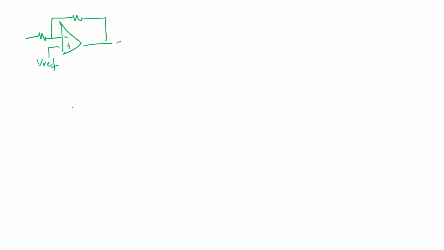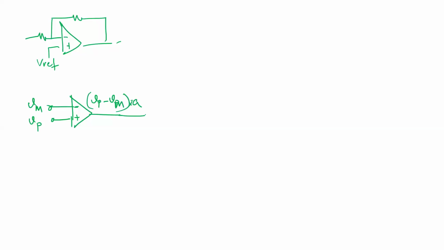The first thing you need is what's called a differential amplifier. So you have two inputs, let's call this VM and VP. Okay, and this output is just VP minus VM, maybe some small gain, right?